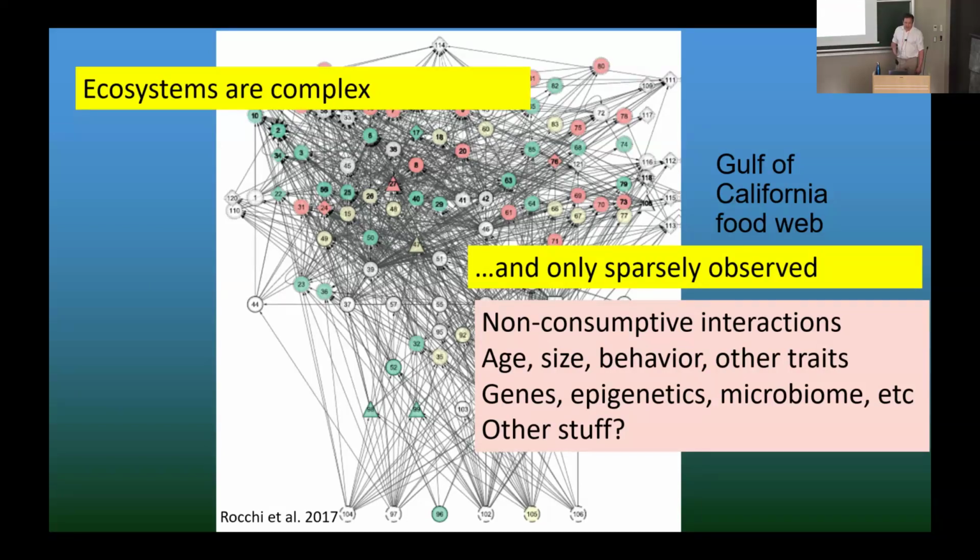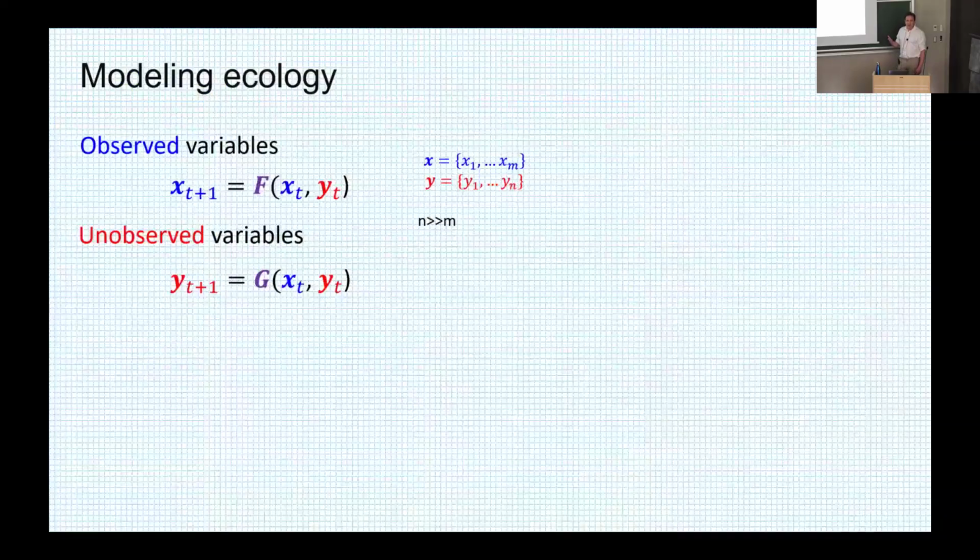So anytime we go to write down models for ecological dynamics, we're implicitly dividing the world into 2 kinds of state variables. The observed variables, that's X here, those are the things that we care about, the things we have data for. And then Y are the unobserved variables, which is everything else, right? The real dynamics of the system depend on both of those classes of state variables.